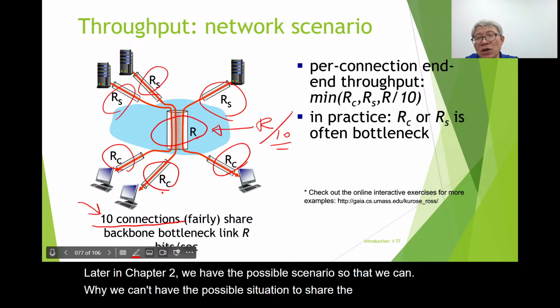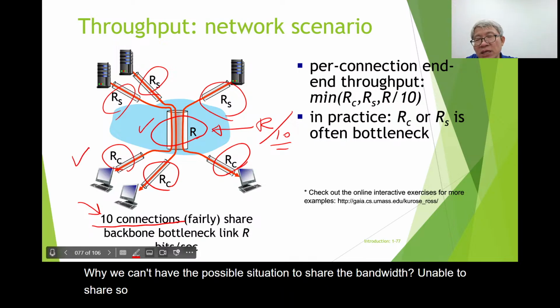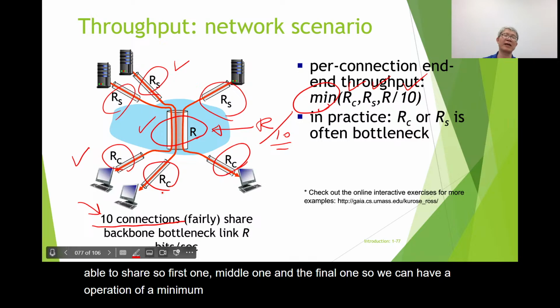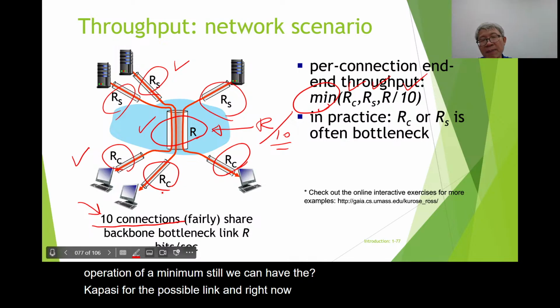However, with sharing, for the first one, the middle one, and the final one, we can still apply an operation of a minimum to get the capacity of the link. And right now, we can find the bottleneck using this.